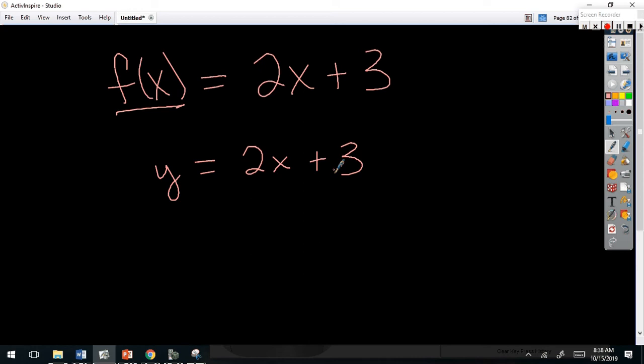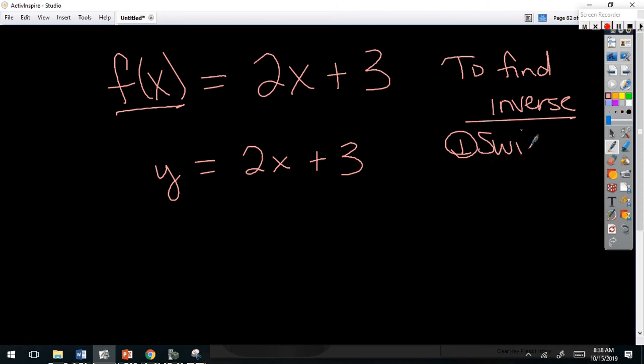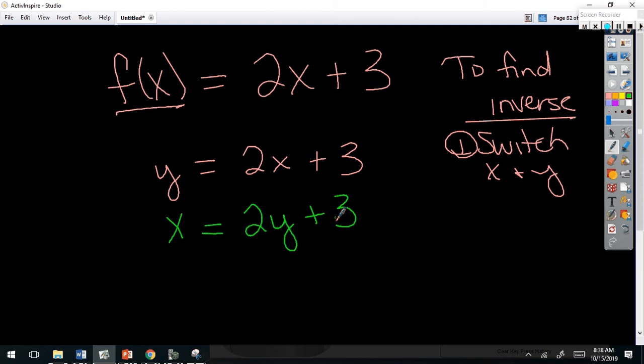So now if I need to find the inverse, the first thing I need to do is switch x and y, because that's the definition of inverse, that x and y swap places. So this equation now becomes x equals 2y plus 3.